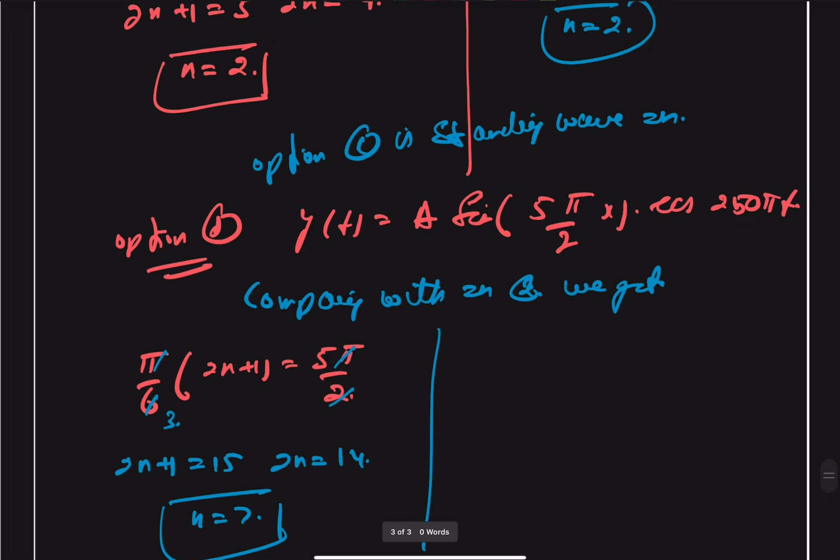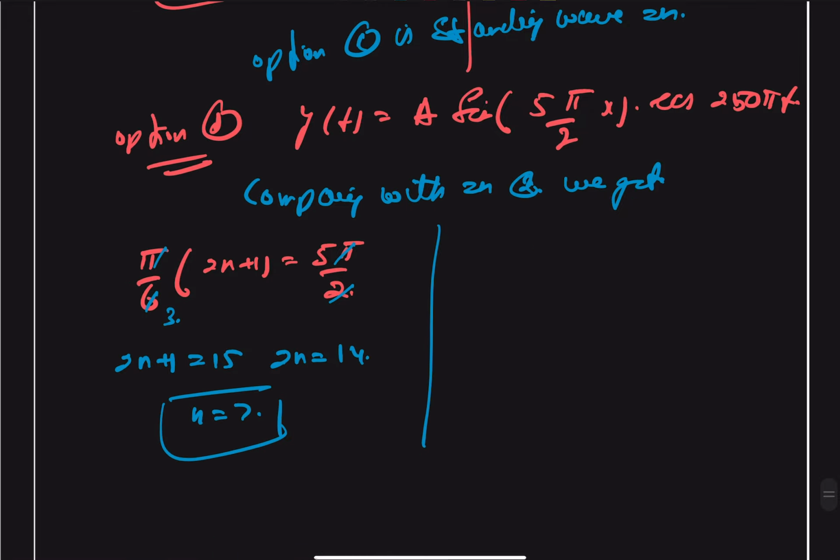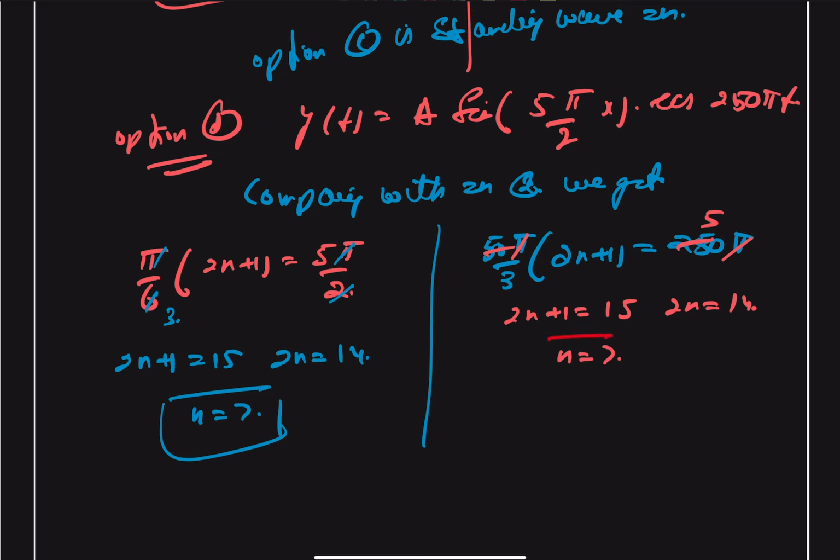And similarly for the next omega part, that is 50 pi by 3, 2n plus 1 is equal to 250 pi. Pi goes with pi, and this goes by 5. Here also we get 2n plus 1 is equal to 15, 2n is equal to 14, and n is equal to 7. So this is also a natural number.